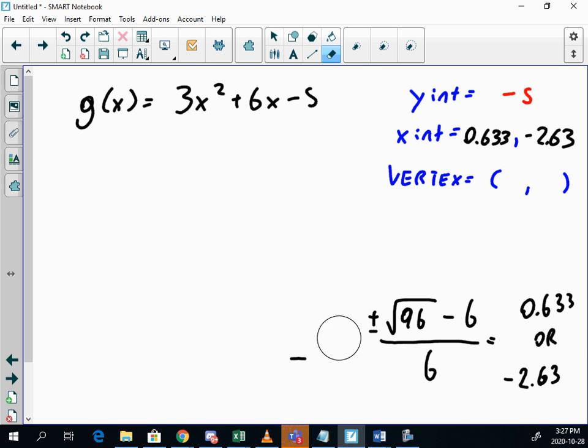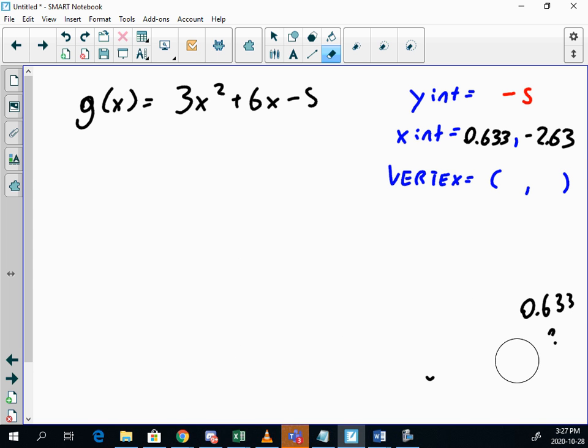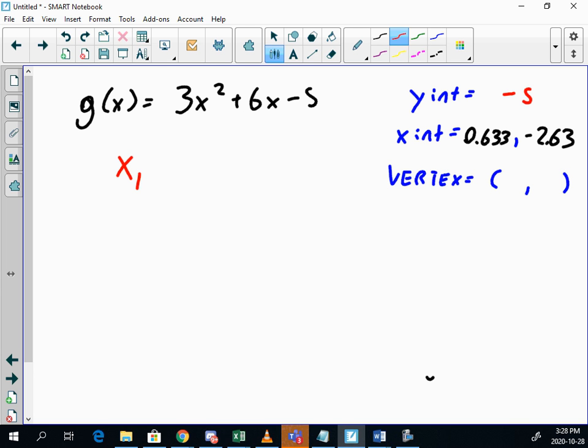So now I'm going to use my known formula that the x-coordinate of the vertex, x1, is -b over 2a. In this case, that's -6 over 2 times 3. So -6 over 6, which is -1.